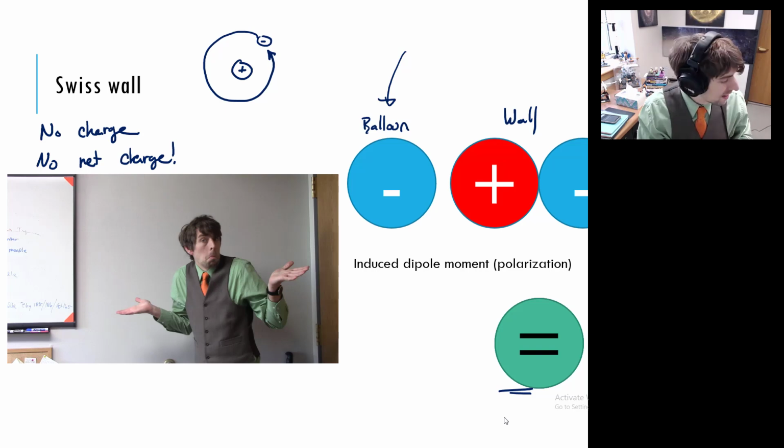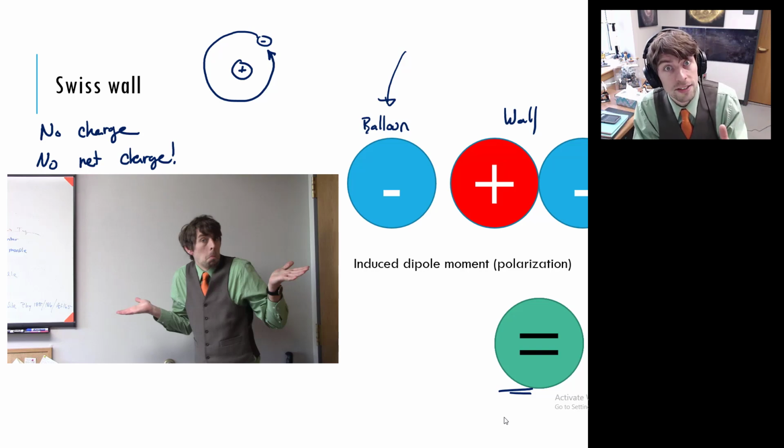Good. Notice I was very careful about only rubbing one side of the balloon. In other words, I deposited charges only on one side of the balloon. And because the balloon is a fairly good insulator, those charges essentially stay on that one side of the balloon. They are not free to move around. They stay localized, if you will.